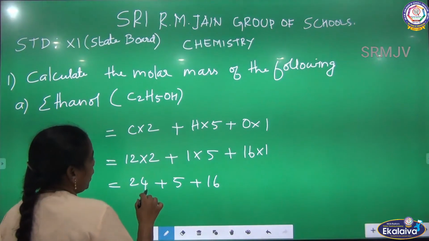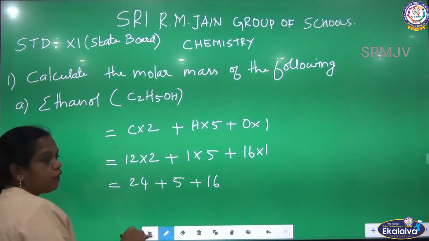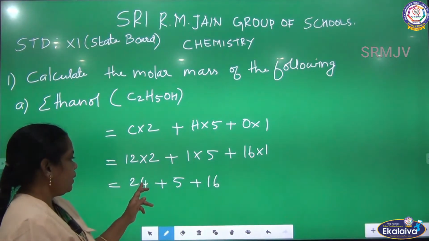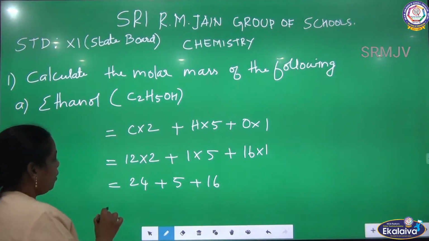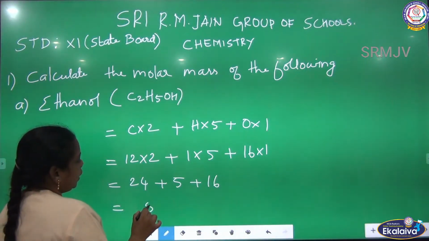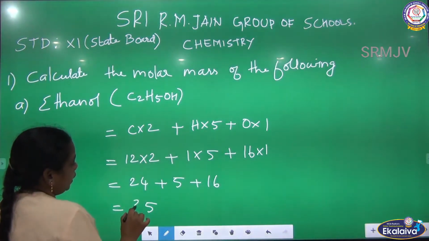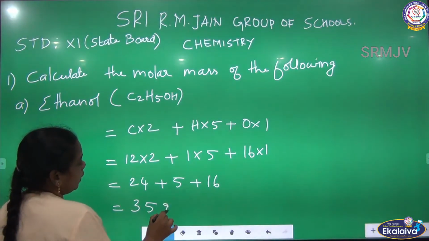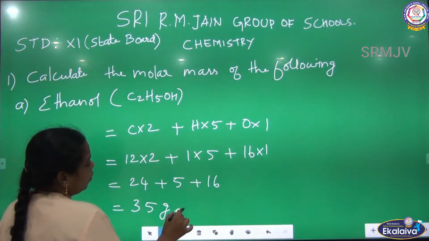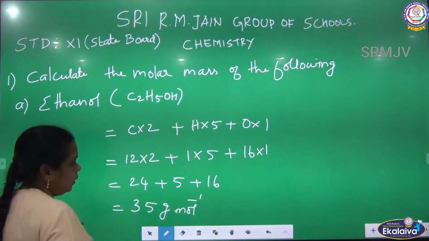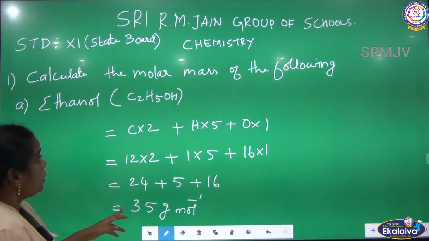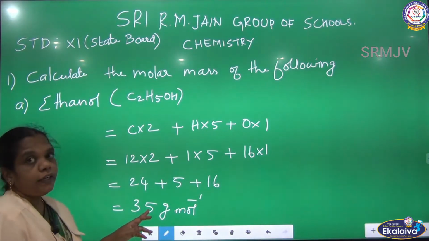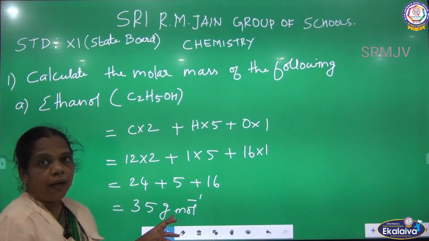Now you have to add. So 4 plus 6, 10, 10 plus 5, 15. Remainder 1, 3. So this is gram per mole. So what is the mass of this? 46 gram per mole.